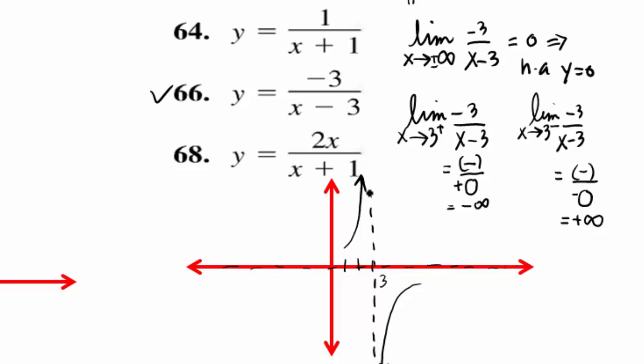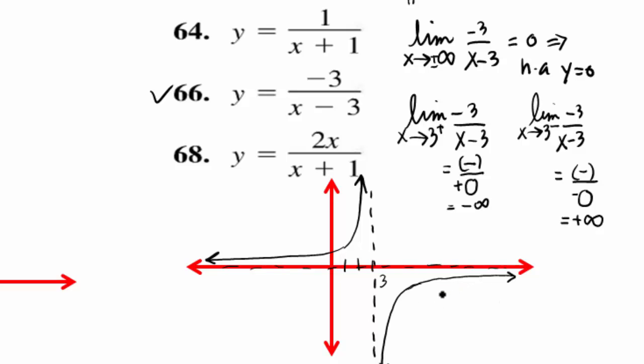And then what is the end behavior as x approaches plus or minus infinity? It approaches the horizontal asymptote. So this is the behavior of the graph for number 66.